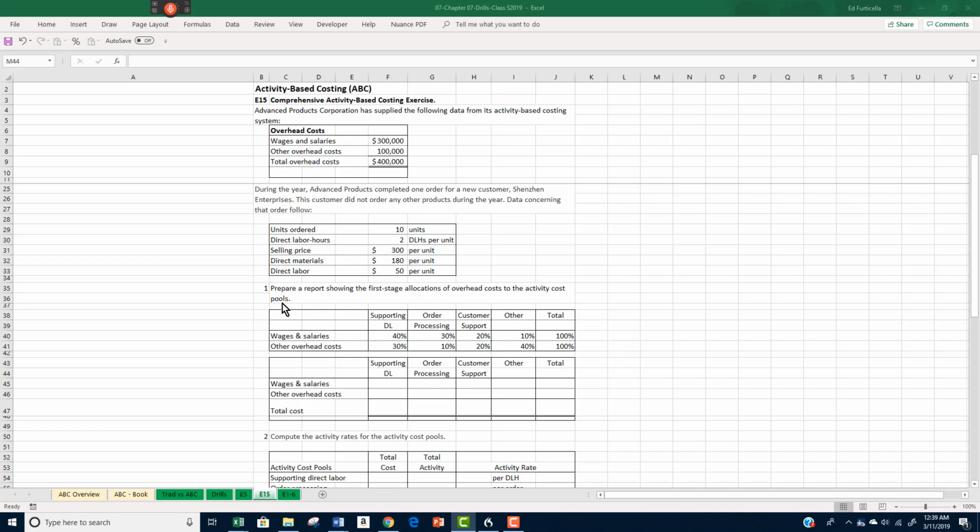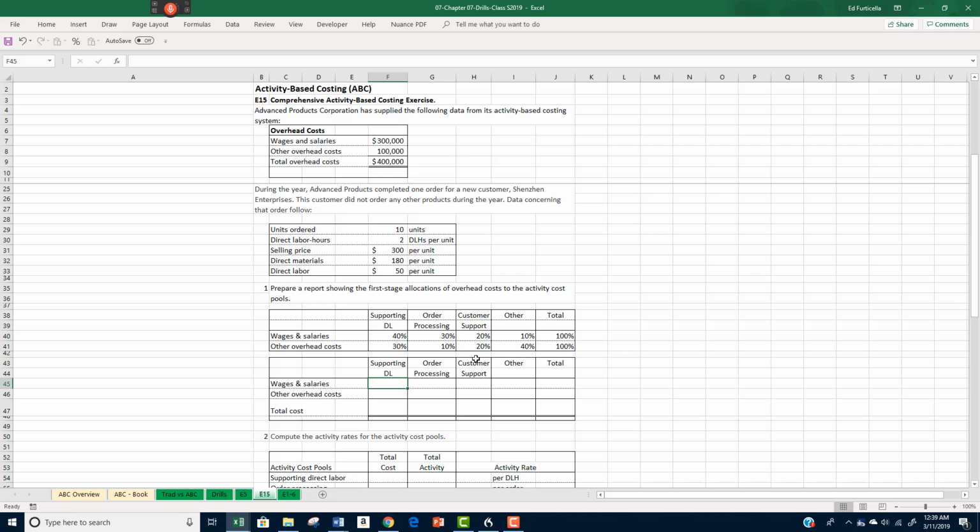So in our column headings, we have supporting direct labor, order processing, customer support, other, and total. In our rows, we have wages and salaries, which are going to total 300,000, and other overhead, which are going to total 100,000, to get a total overhead cost that's going to be allocated of 400,000.